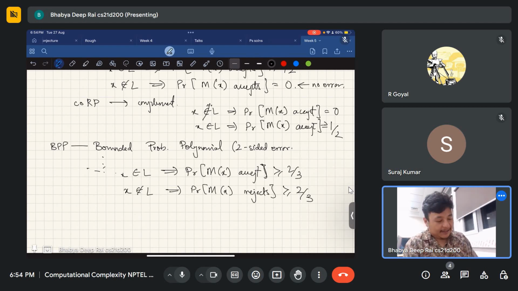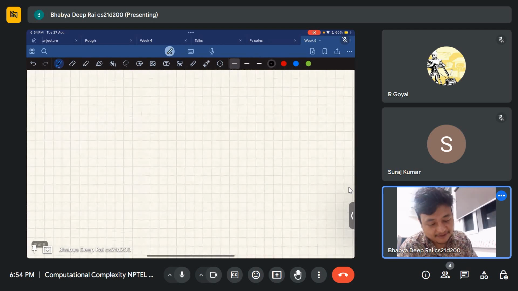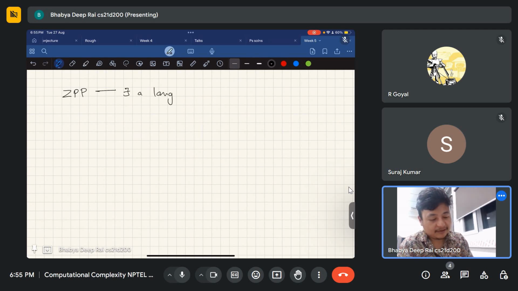Okay, and the final class we have is ZPP, which is quite interesting, and there are two definitions for it. I'll tell you one definition only for now. That is, ZPP means there exists an algorithm, or a probabilistic Turing machine.